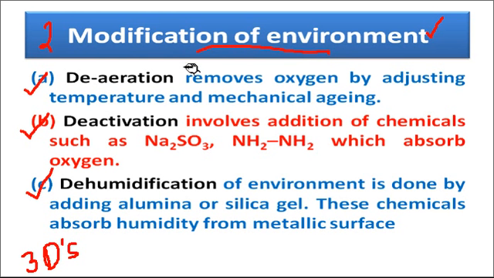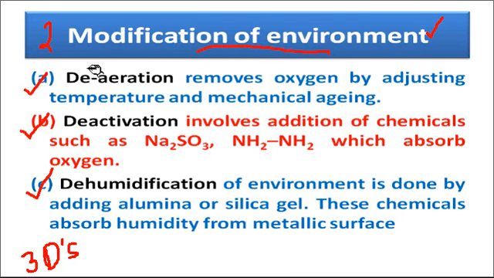Deaeration means removal of the air or oxygen from the metal surface. Deactivation means inhibition of the chemicals at the metal surface, deactivation of the chemicals. And dehumidification means removal of the water or moisture content from the metal surrounding.